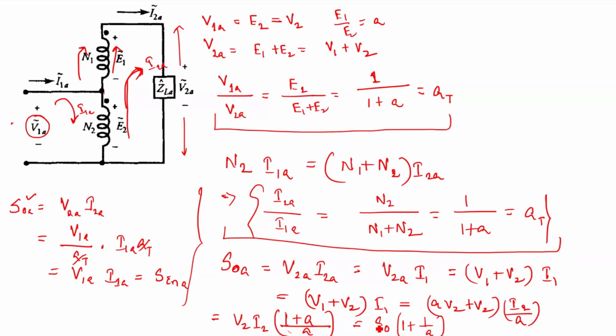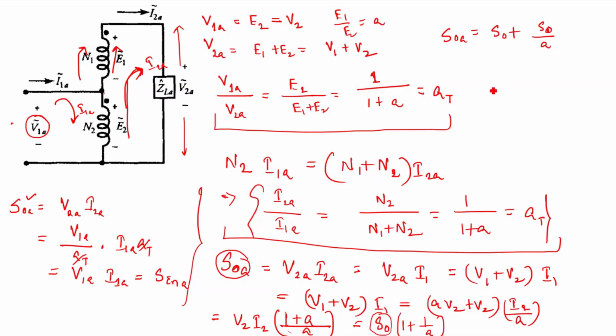SO is the output apparent power of the two winding transformer, and SOA is the output apparent power of the autotransformer, right? So the relationship says that SOA is equal to SO plus SO by A.